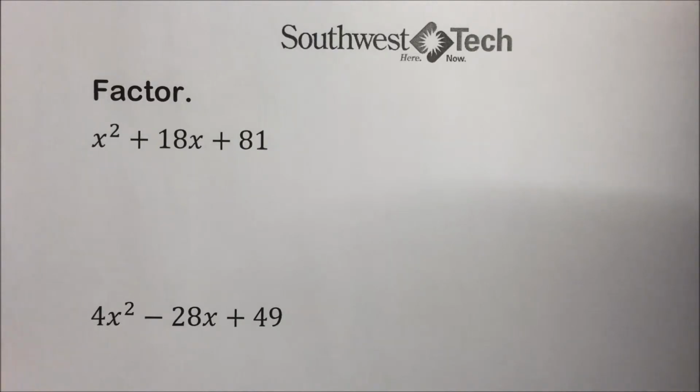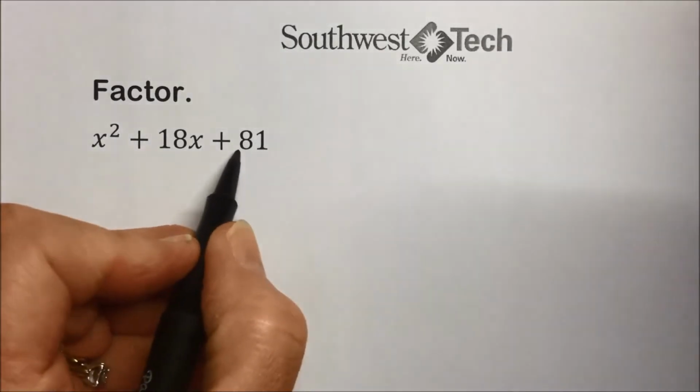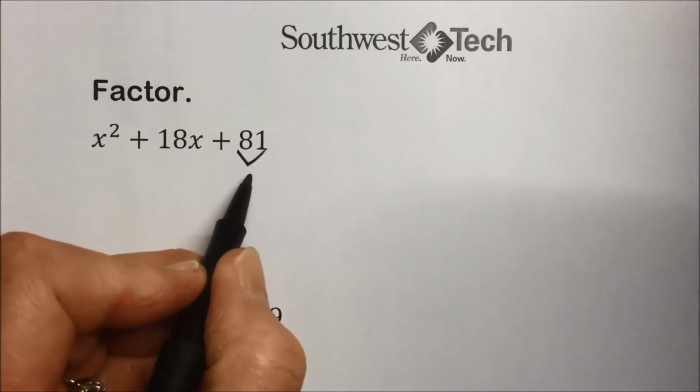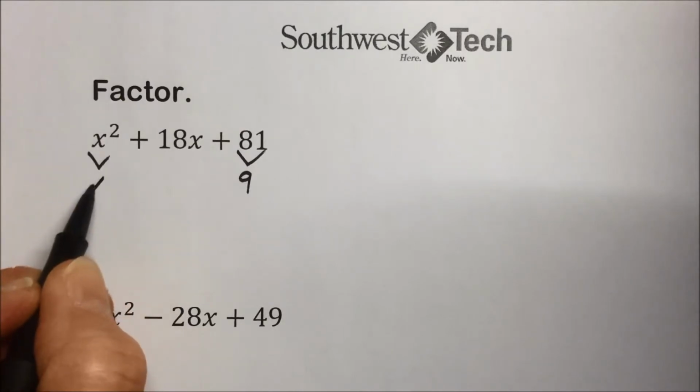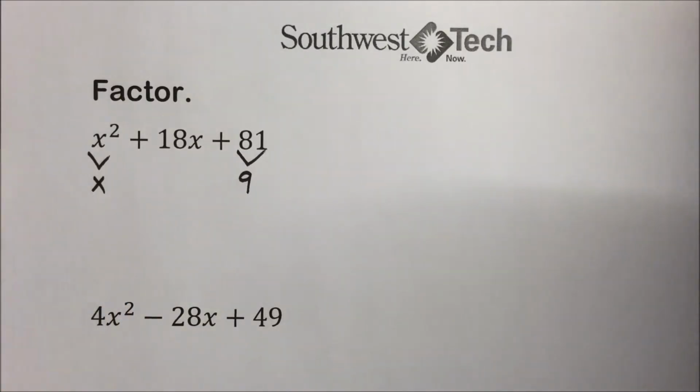So looking at this, it helps if you're familiar with some squares. And looking at 81, if you recall, that's the result of 9 times 9. X squared, no question, the square root of x squared is x.